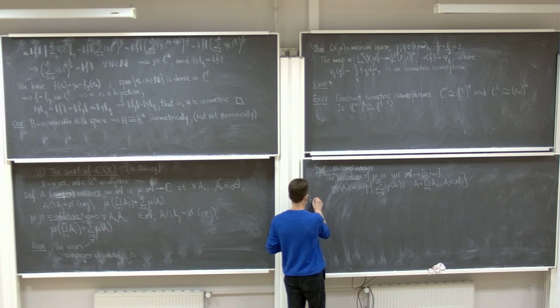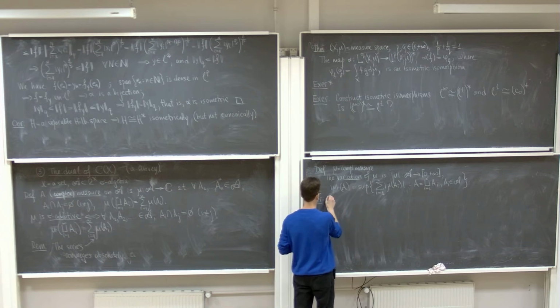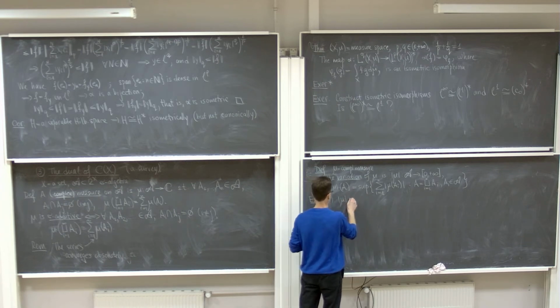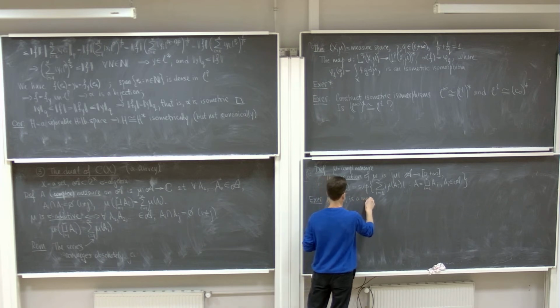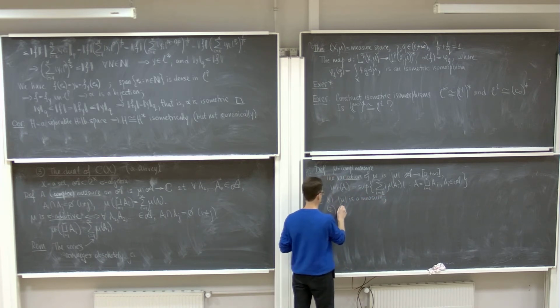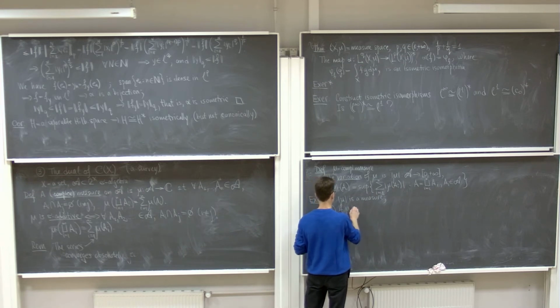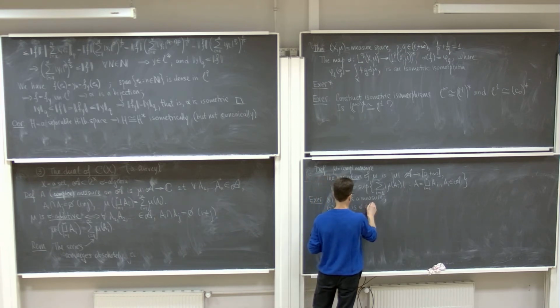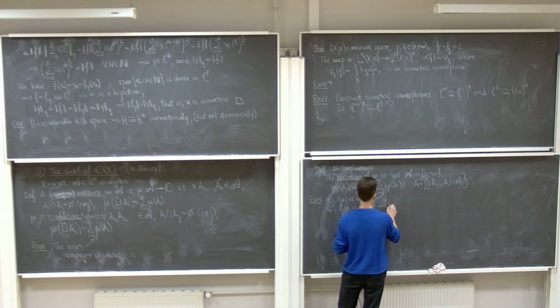It's a simple exercise to show that the variation is indeed a measure. And moreover, if mu is sigma additive, then so is the variation of mu.